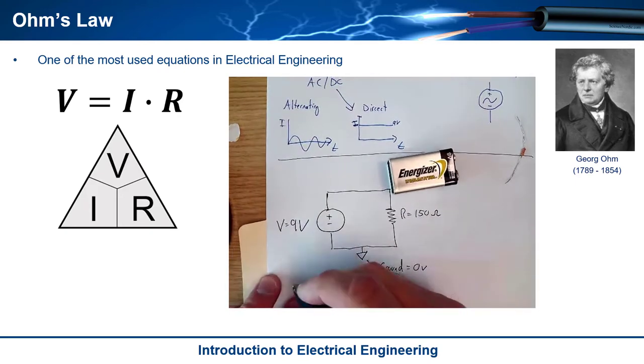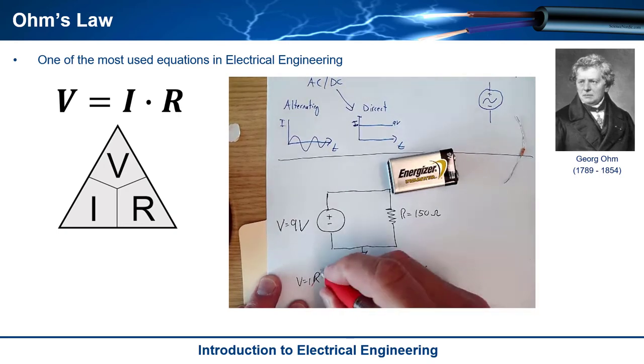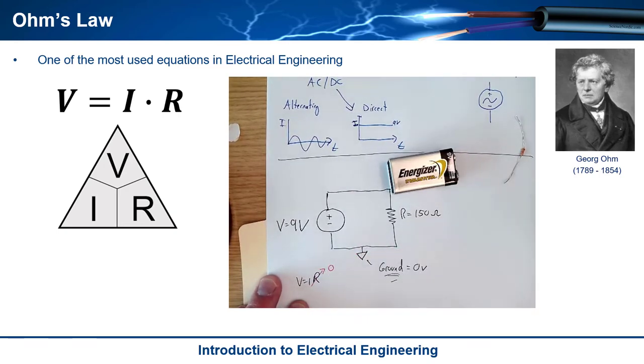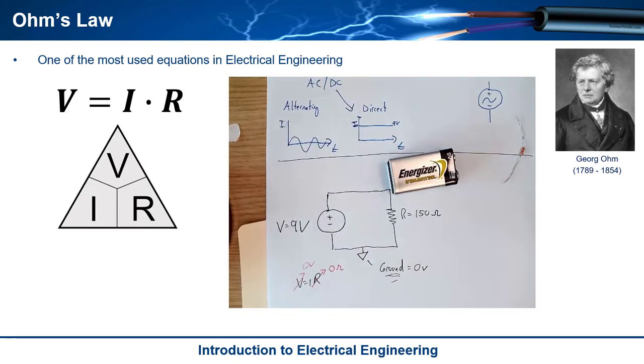Well, check it out: V is equal to IR. If the earth is so abundant in electrons that its resistance is 0 ohms, no matter what, you can never get a voltage across it. So it's always at 0. That's what we do with buildings: we jam a rod into the ground, and that is the earth ground for the building.